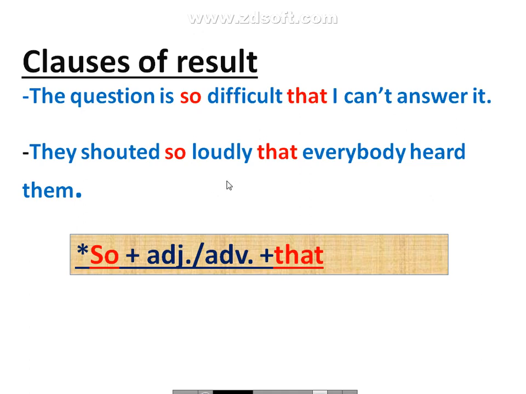They shouted so loudly that everybody heard them. So is followed with an adjective like difficult or an adverb like loudly. After that we use that, then the result. So plus adjective or adverb plus that plus the result.